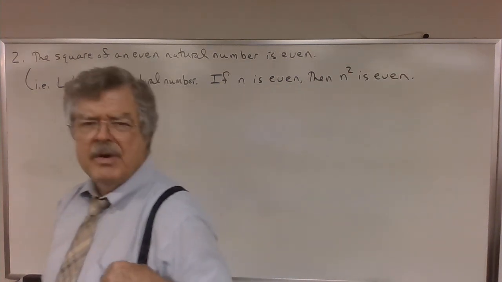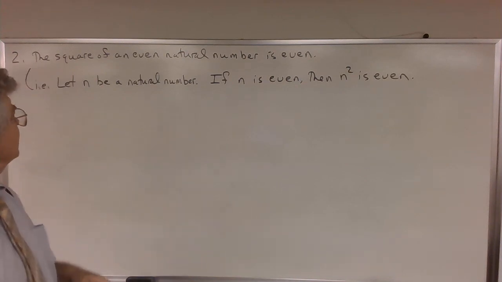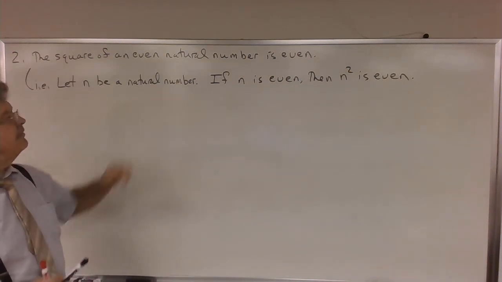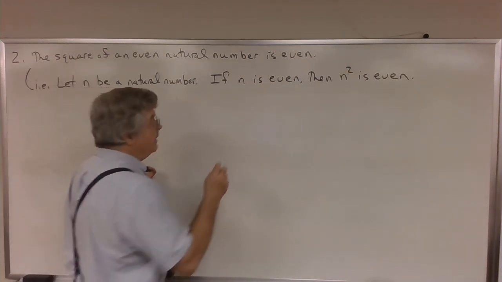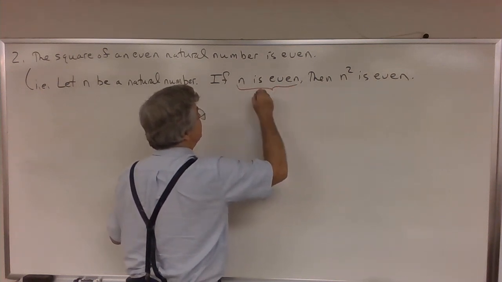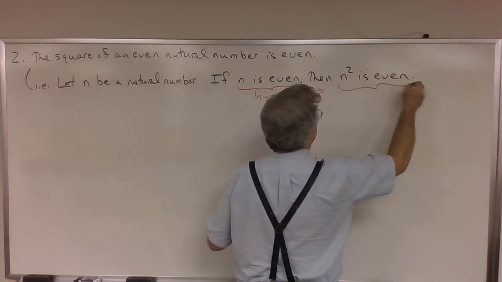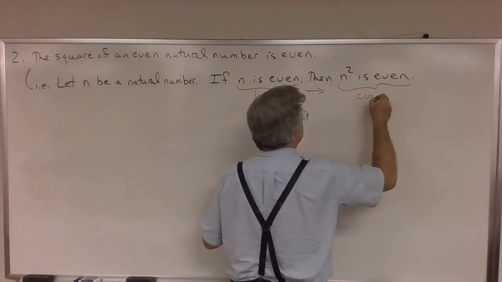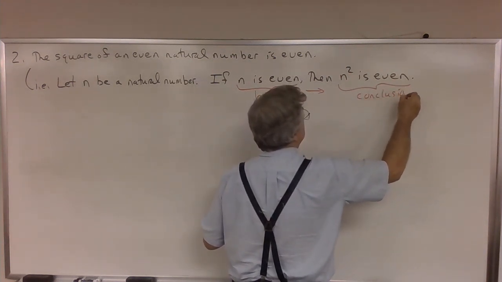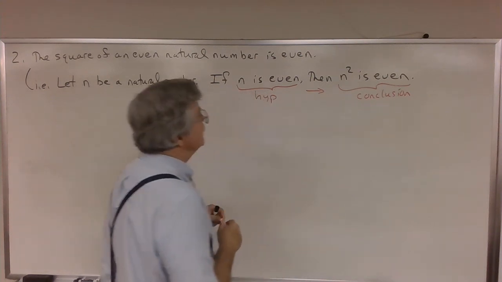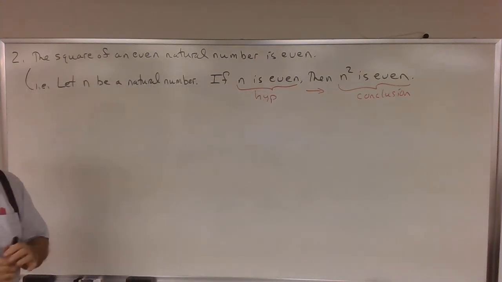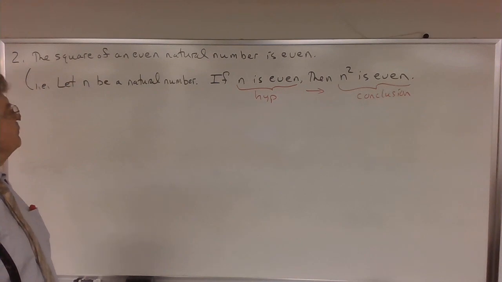This is the equivalent. It's a conditional statement. Let n be a natural number. If n is even, so this is our hypothesis, then n squared is even. That's our conclusion. So we really are proving a conditional statement.